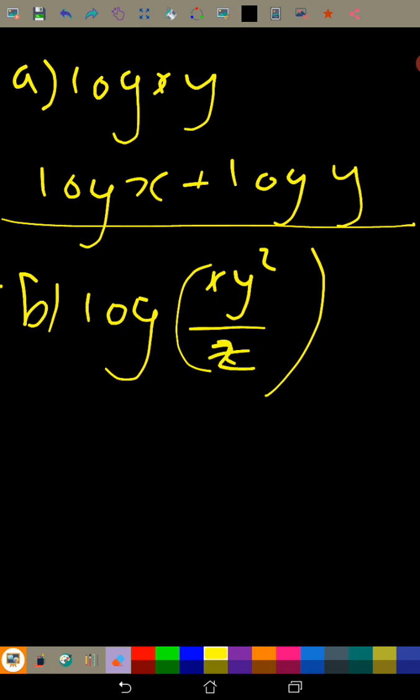So what do we have here? This is z, right? It's not 2. So what do we need to know? This is complicated. Yes, this is 2, but this is z. What do we need to do here?